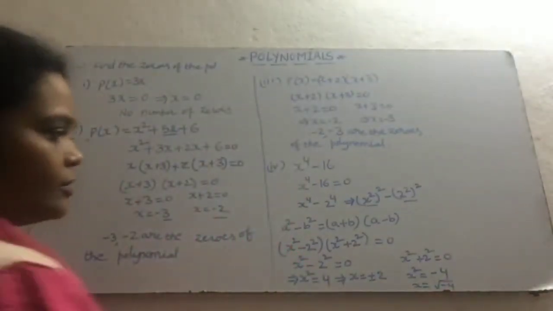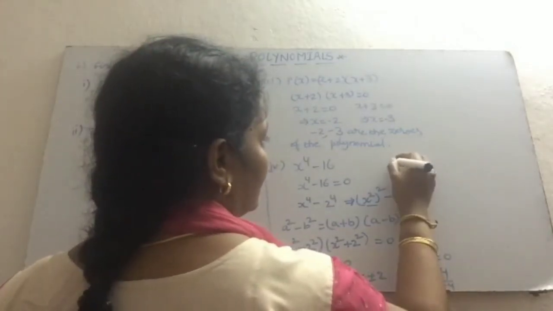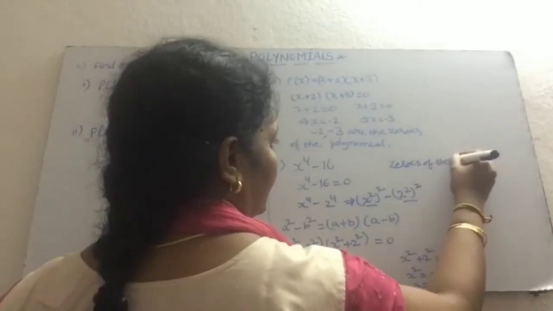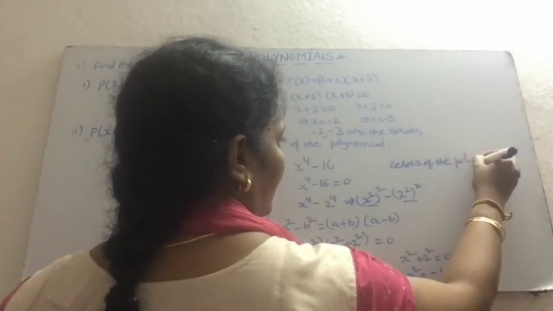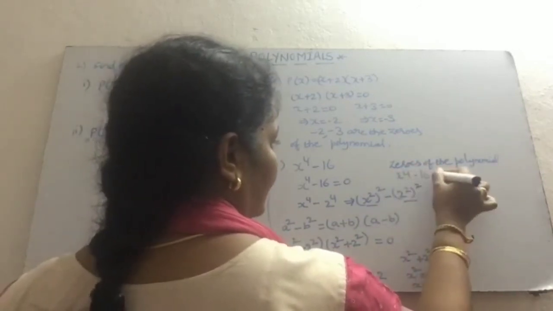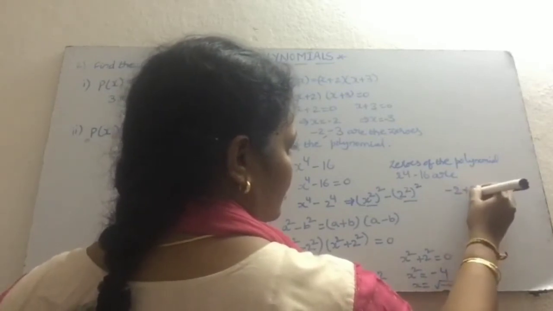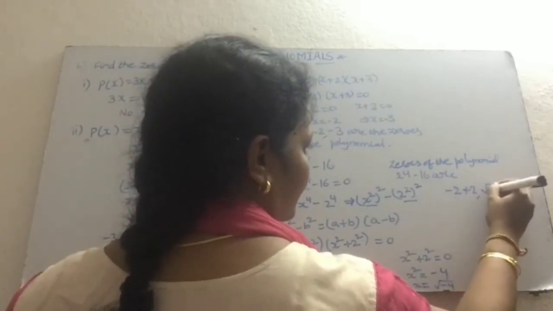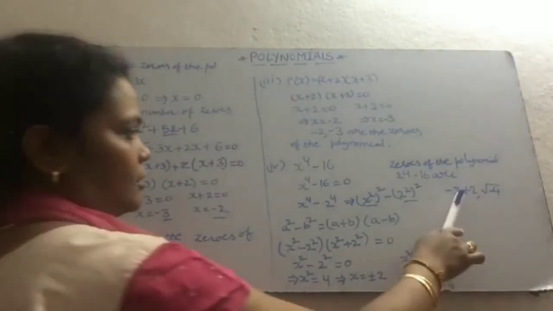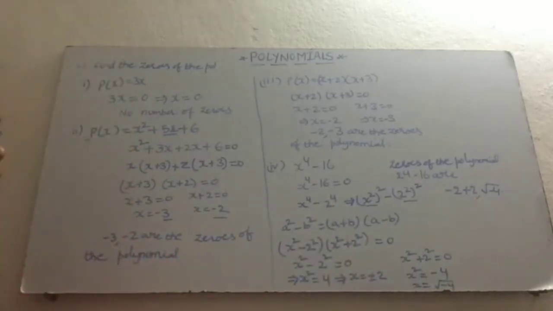So what are the zeros of the polynomial x power 4 minus 16? Minus 2, plus 2 and root of minus 4. So these are the zeros of the polynomial.